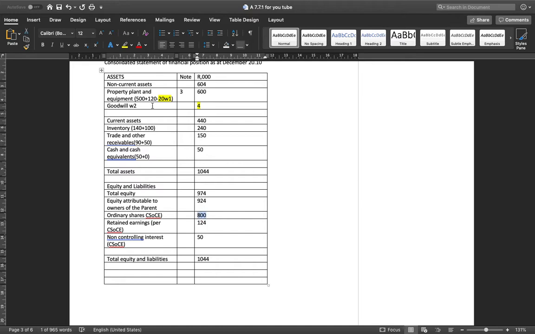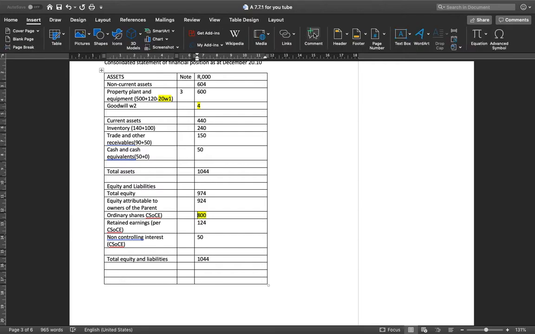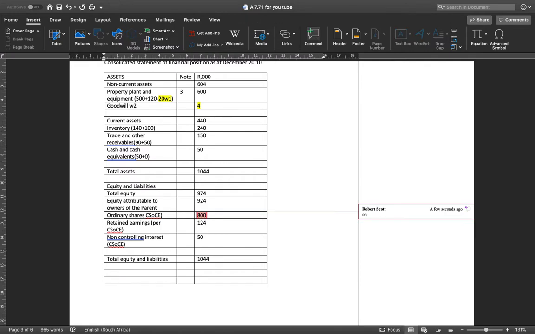My advice to you is to open up a template of financial statements, do the analysis, pull the information from the analysis into your template financial statements as you're coming up with the information, and probably start with your statement of profit or loss.